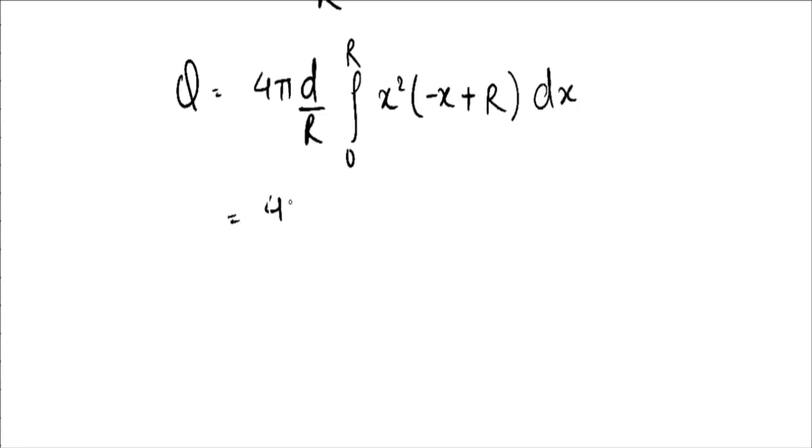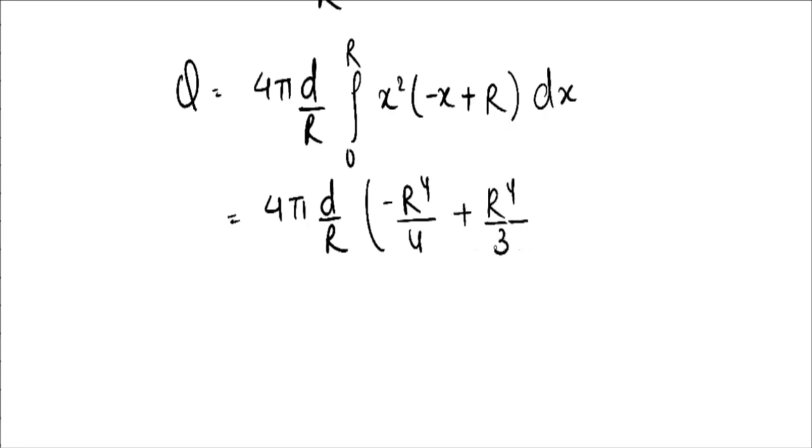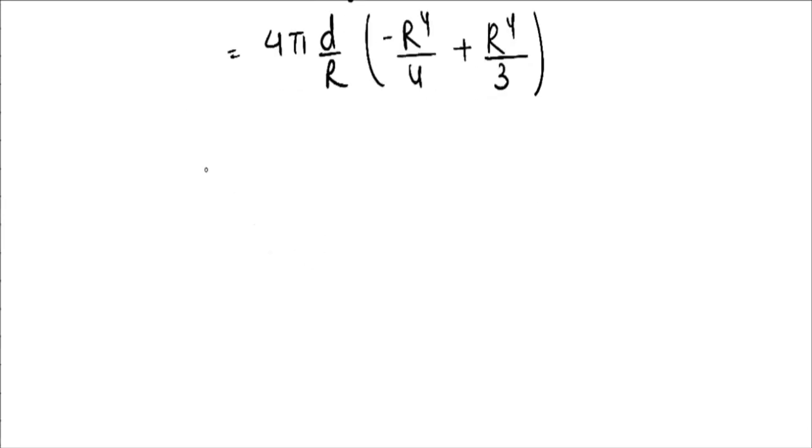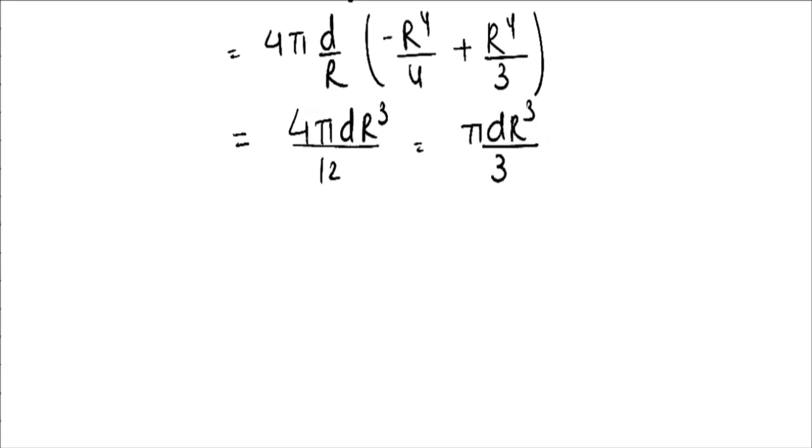Or we can write 4 pi D by R. When we integrate this value, it would be minus R power 4 by 4 plus R power 4 by 3. So that is equal to 4 pi D R cube by 12, that is pi D R cube by 3, right?